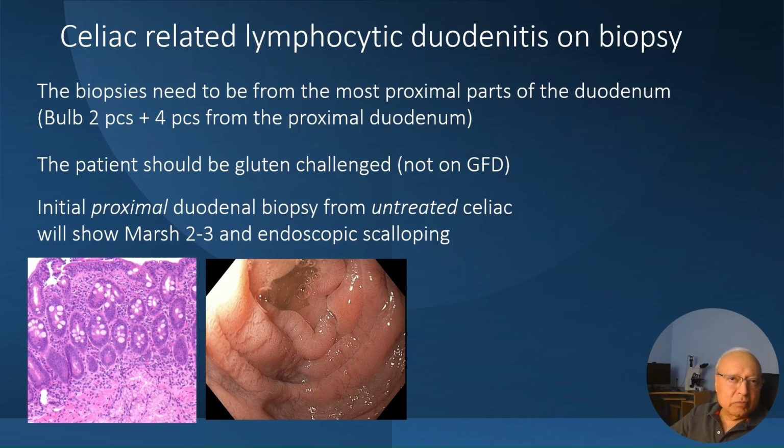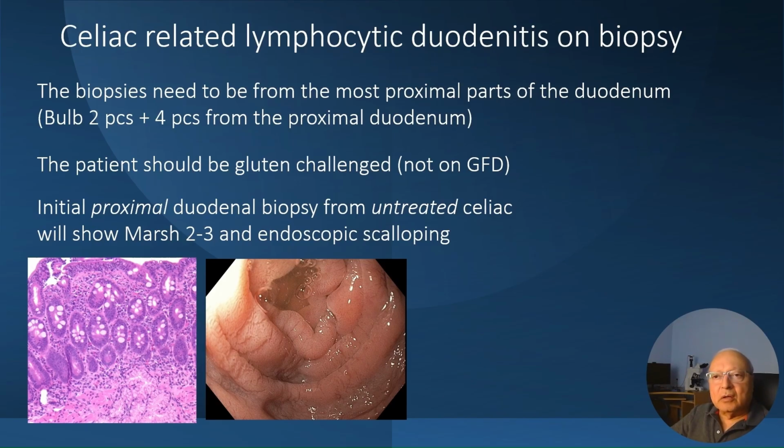Also, it is important for the patient to be exposed to gluten for the changes to be maximally displayed in the duodenal biopsy. So the patient cannot be on a gluten-free diet, because then the changes will be lessened as you see them on the biopsy.